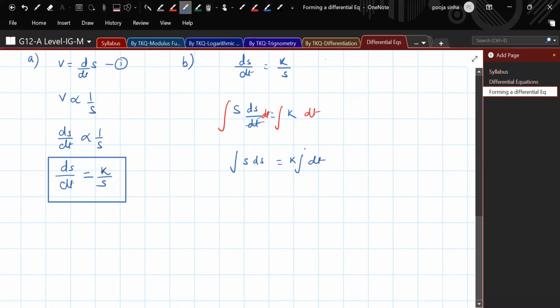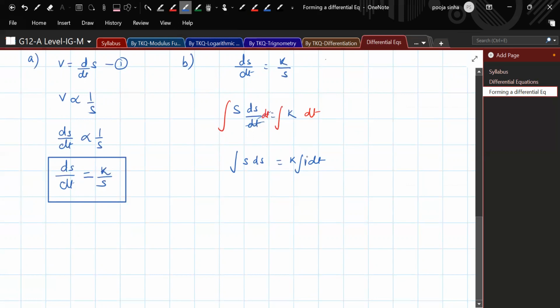Whenever you differentiate with respect to something, that is what the with-respect-to part is. But over here there is nothing inside, that is time. If there's nothing inside, it's one.